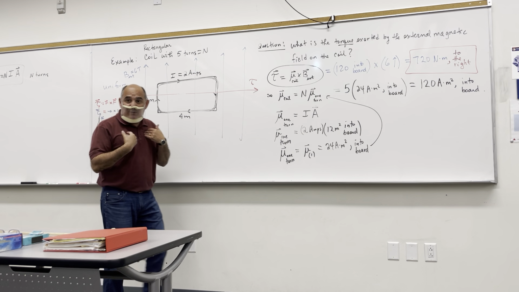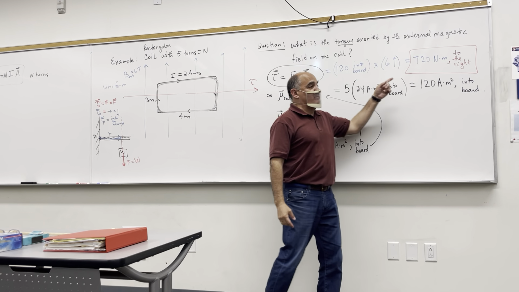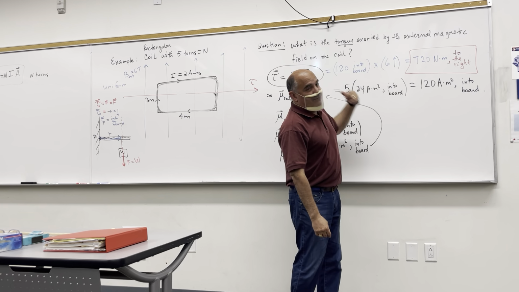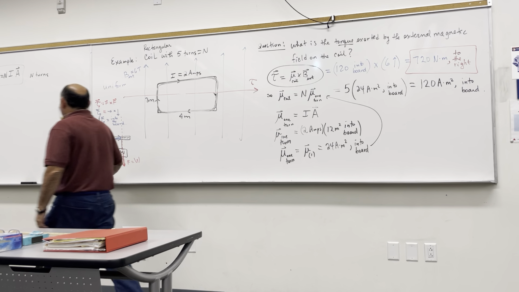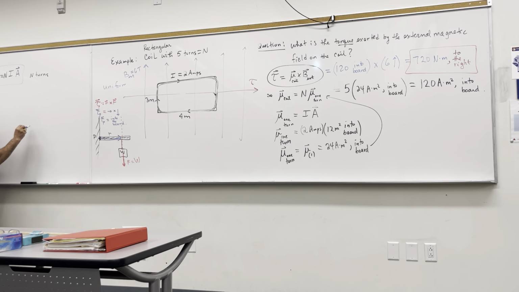So the torque that I would have to exert would be 720 Newton meters to the left. Because remember, in Physics 185, you learned that the sum of the torques would be the moment of inertia, which back then we called capital I, which doesn't mean the same thing as current, times alpha.